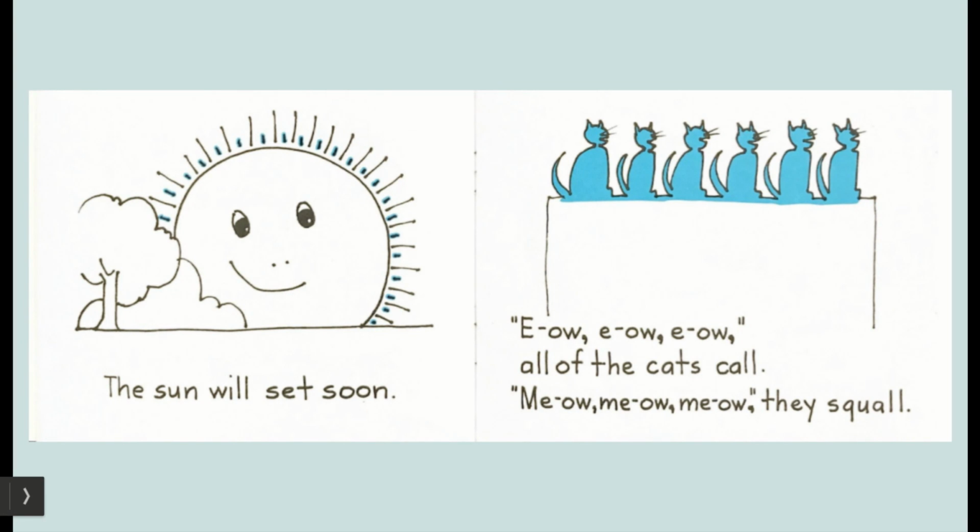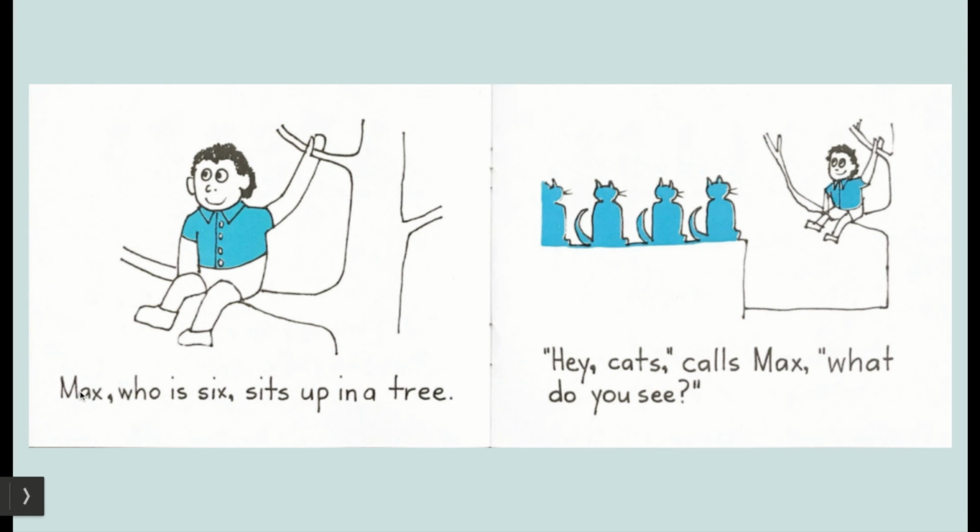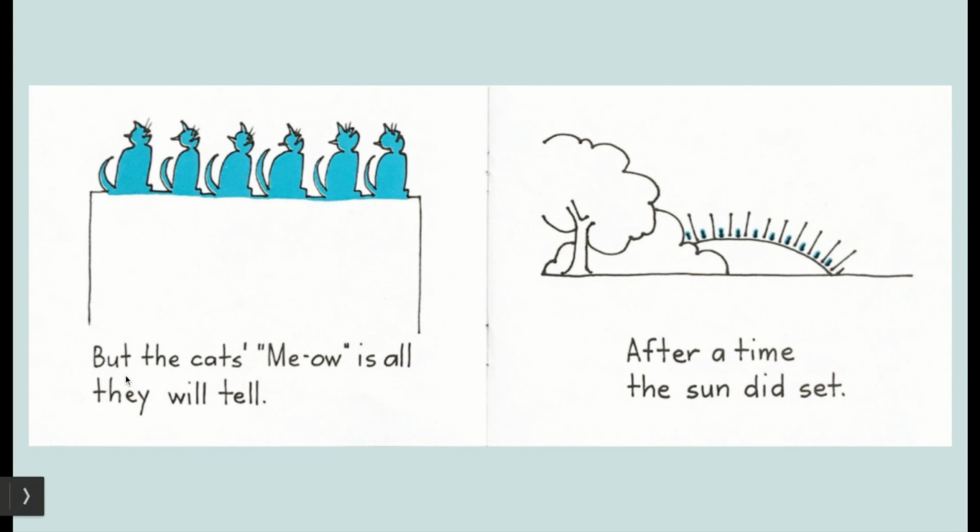Max, who is six, sits up in a tree. Hey, cats, calls Max. What do you see? But the cats' meow is all they will tell. After a time, the sun did set.